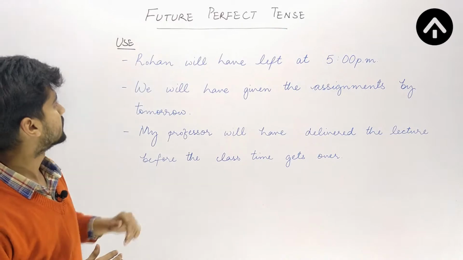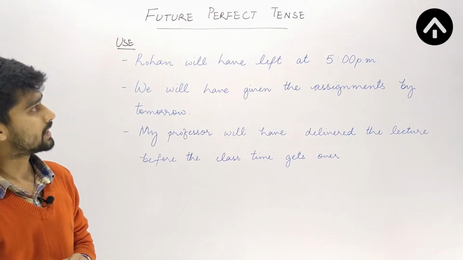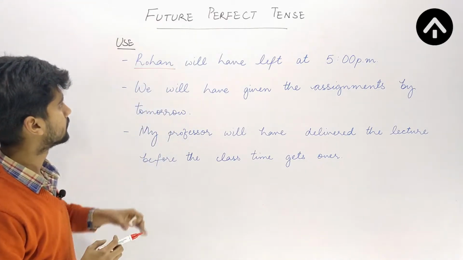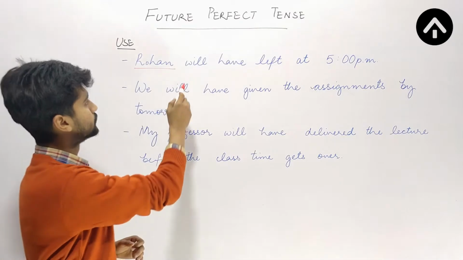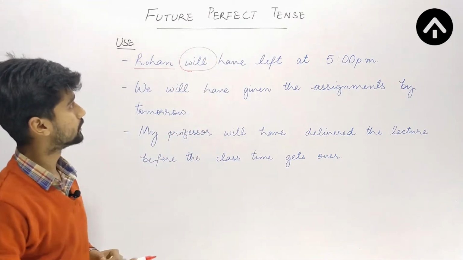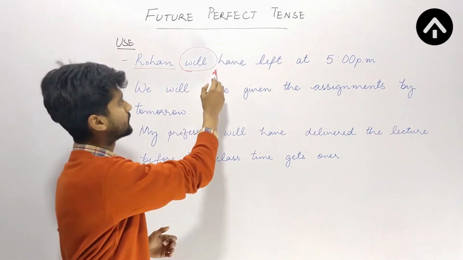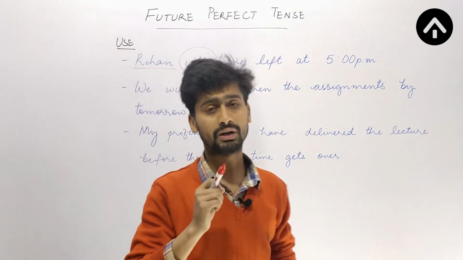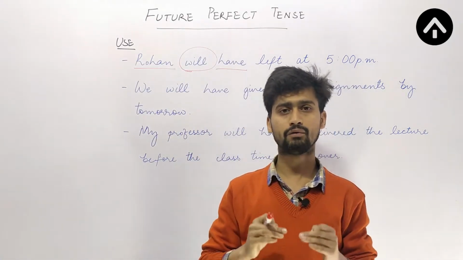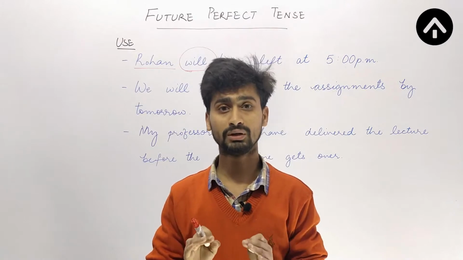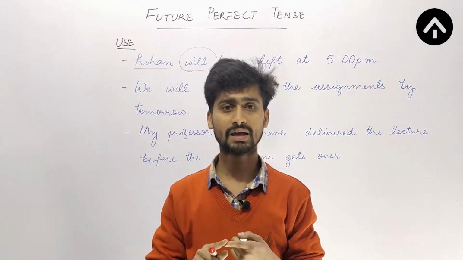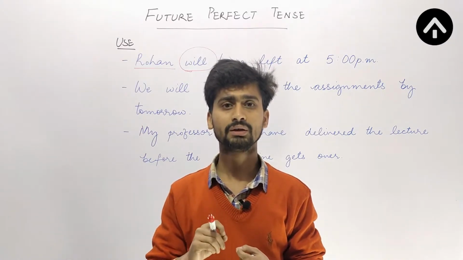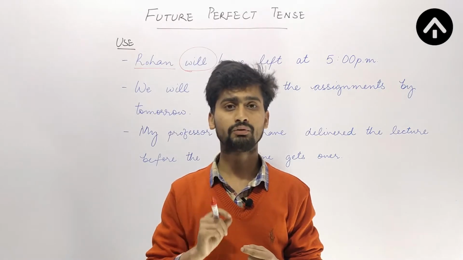The first example which I have added here is: Rohan will have left at 5 p.m. Here Rohan is the subject and after that I am using will. This will is denoting the future tense and this have is denoting the perfect aspect. Whenever we use words like has, have or had, we always use the past participle form of the verb, that means V3, the third form of the verb.